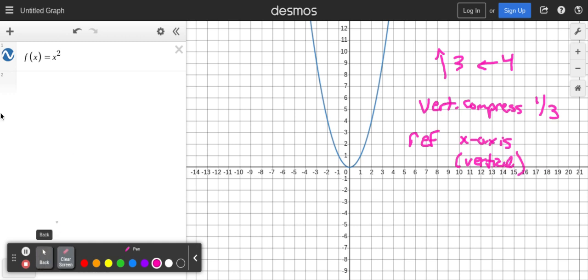Okay, so we have f of x equals x squared. Let's think about how we have to manipulate this. If we're going up by 3, we know we're going to have to take f of x plus 3.